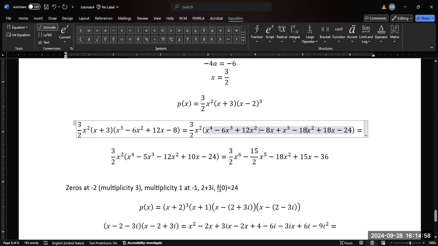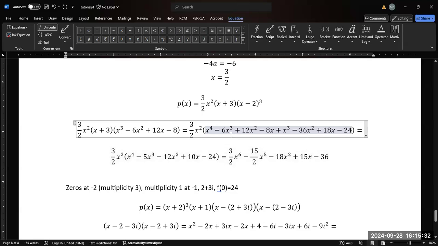And this one should be then 36. Yeah, because if this is a plus b, then this is a cubed and 3a squared b and 3ab squared, and that 2 has to go in there twice.